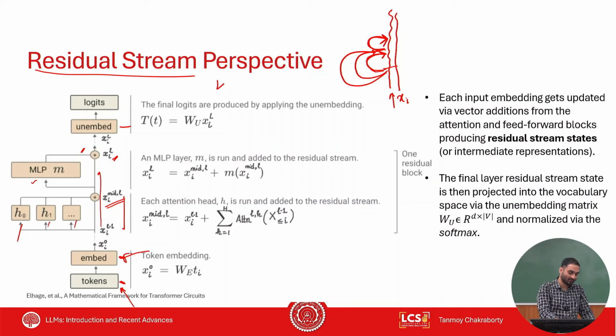The embedding layer is at the beginning, which embeds a token to an embedding space, which basically converts a dictionary word or a vocabulary word to a representation space, and the unembedding layer converts the representation space to a dictionary word. Okay, it's called the unembedding layer, and here it is denoted by W sub U. So this is called the residual stream perspective of transformer.